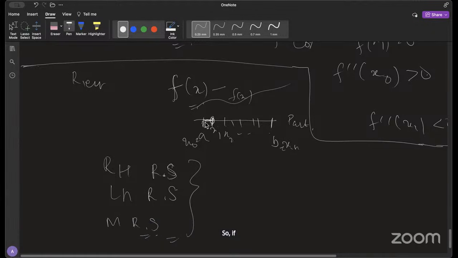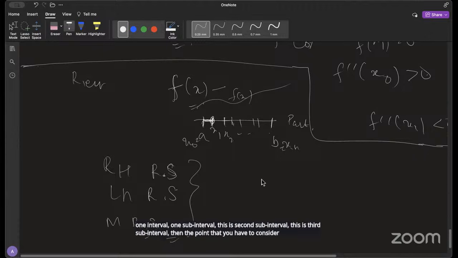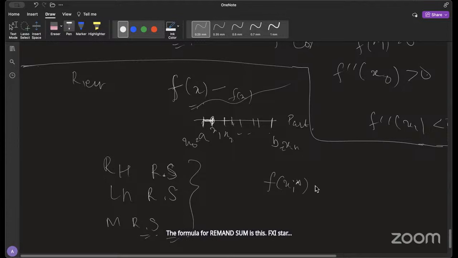So if this is one subinterval, this is the second subinterval, this is the third subinterval, then the formula for Riemann sum is: sum of f(xi star) delta xi, where I varies from 1 to n.